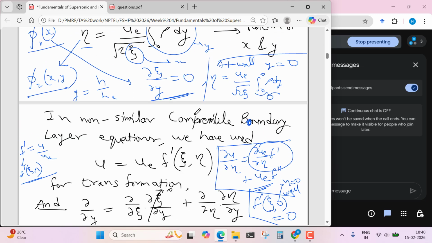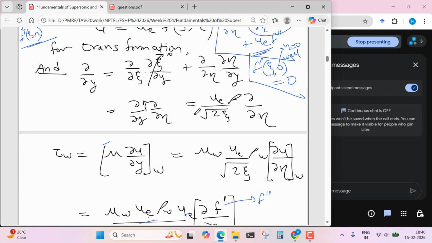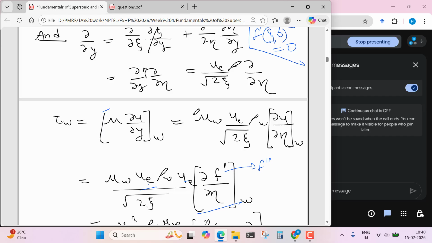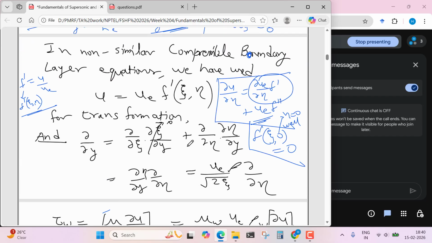Okay. So even for non-similar solutions, the equation might not be an ODE, but we are using this to transform the equations.